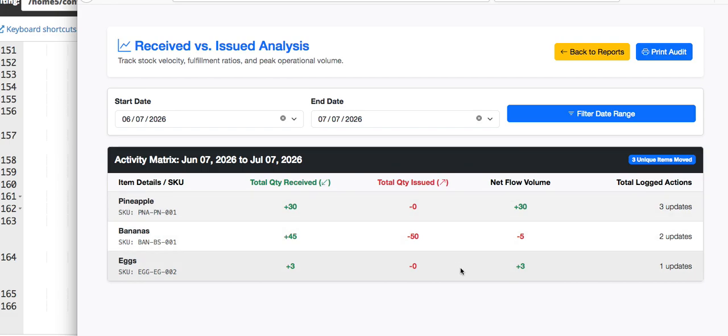because the takeaway of this whole report is that by glancing at this matrix, the manager can immediately spot the extreme. So the high negative number, the net flow, that will be high negative.